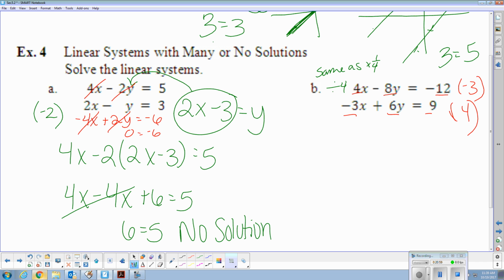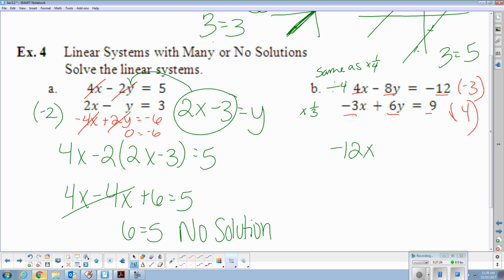Or you could divide this by 3, which is multiplying by 1/3. Doesn't matter what you do. If it eliminates the variable, then that's good. But if all of the terms are multiples of the same number, then it's easy to just divide. Okay, but let's do what you did, multiply by -3 and multiply by 4.